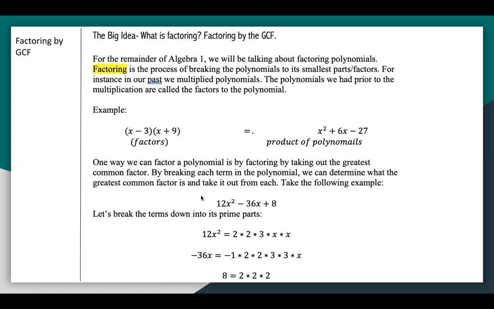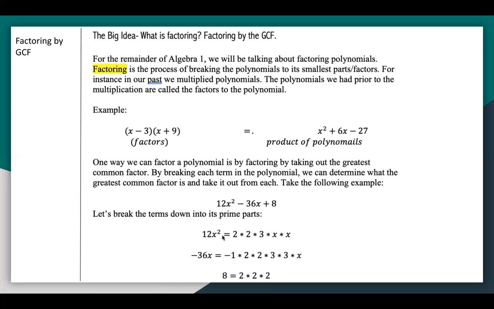And so if I take a look at this trinomial here, 12x squared minus 36x plus 8, well, I can break down each of these terms. Let's see what each of these have in common. So 12x squared is 2 times 2 times 3, because 2 times 2 is 4, 4 times 3 is 12.